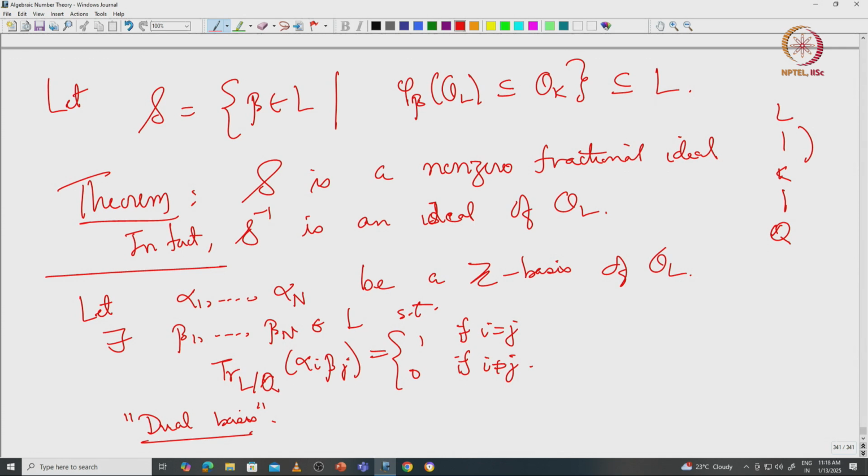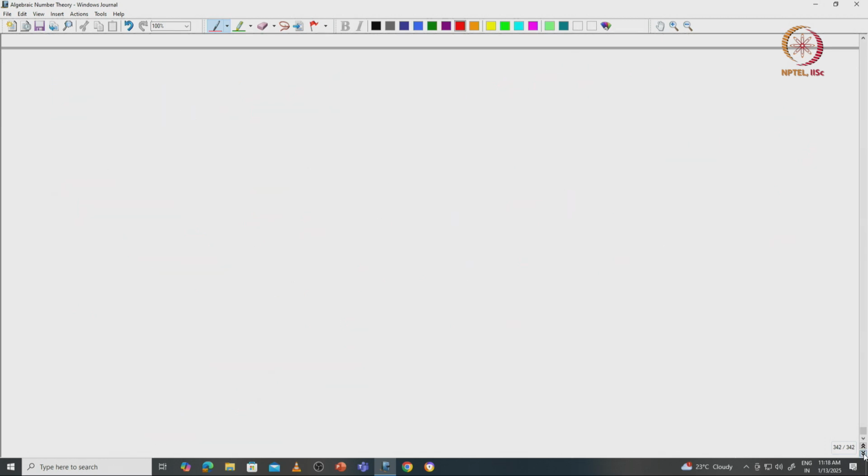Why is this called the dual basis? Well, it is a basis of the dual vector space if you like, but you identify the dual with itself because these are all finite dimensional things.